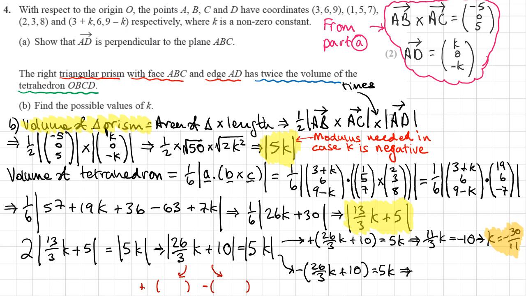If I add 26 over 3K to both sides, that will give me 41 over 3K is equal to, and this here is going to give me negative 10. And this will give me my second value of K. So if I do negative 10 divided by 41 over 3, I get negative 30 over 41, so minus 30 over 41, and that's going to be my second value of K.